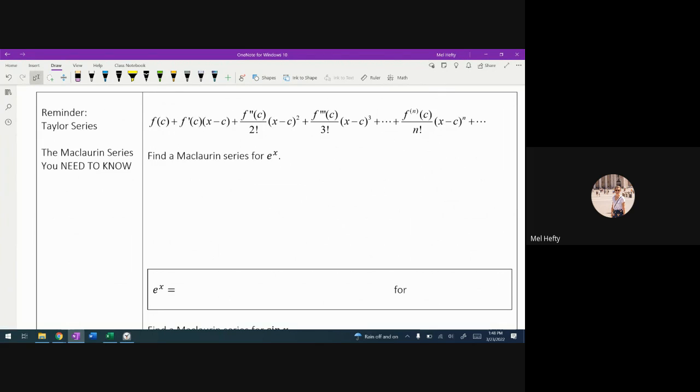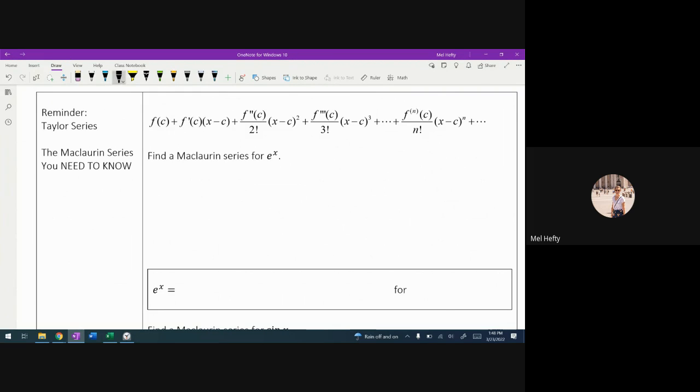So we're going to find those 3 right now so that we can substitute and add stuff together. We're going to have lots of things that we can do because polynomials are easy to work with, even if they are infinitely long. So let's find the Maclaurin series for e to the x.